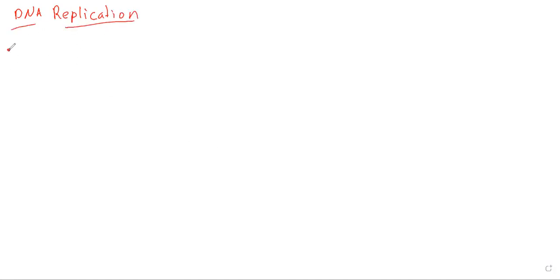All right, so first thing, before we get to the actual process and the enzymes, DNA replication is said to be semi-conservative. But does anybody know what the term means? What does the prefix semi mean?